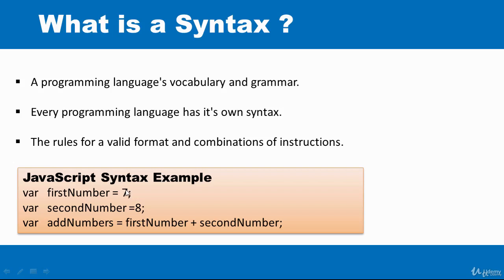So this value 7 is going to be stored in this container called first number. And here I've got the value 8, which is going to be stored in this container called second number. So first number and second number are names that I've given to this keyword variable.